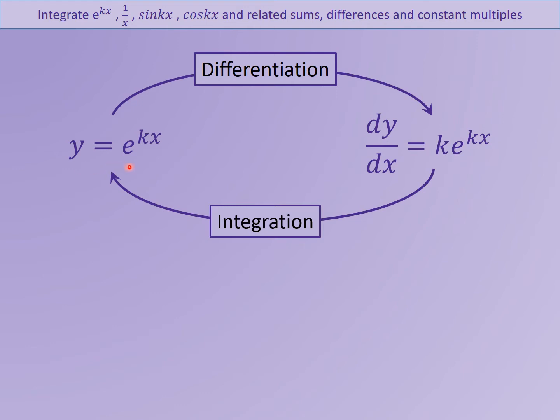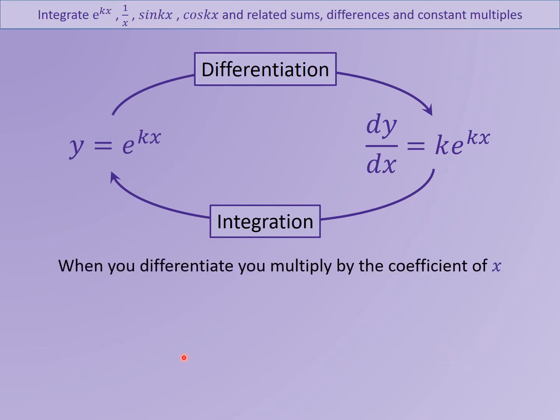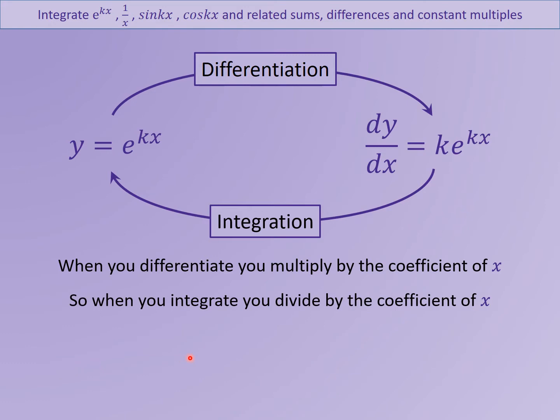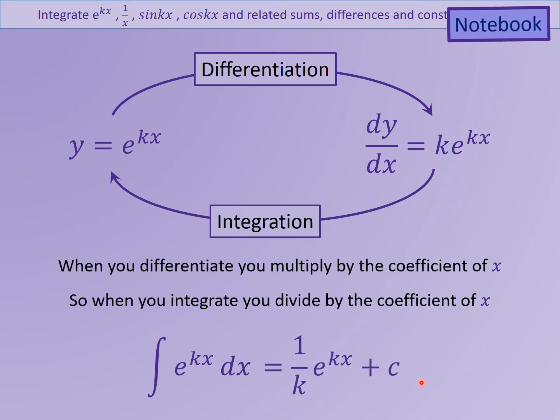If we differentiate and we multiply by k, then when we integrate, what we need to do is divide by k. So in this case, because we differentiate, we integrate, we can divide by the coefficient of x, the number in front of x. Then we get e to the kx is going to be 1 over k e to the kx plus c. So just make a note of that in your notebook under the title integration.